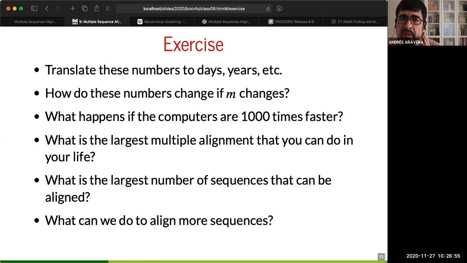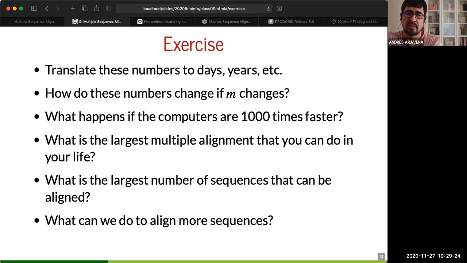The bottom line is this: if you have shorter sequences, you can align more sequences, and you would like to know what is that trade-off. Like, you can do 4, maybe 5 sequences of size 1,000, but if they are shorter, maybe you can do 10.